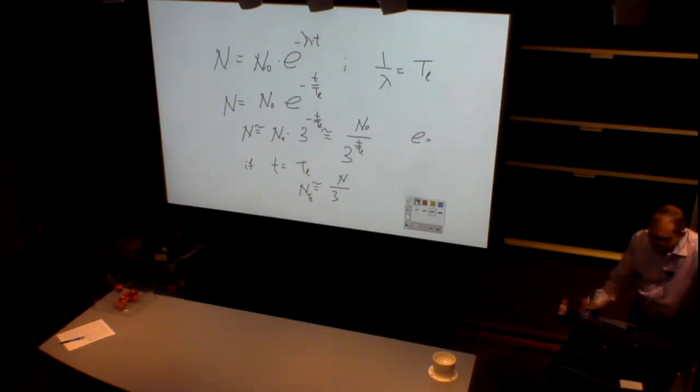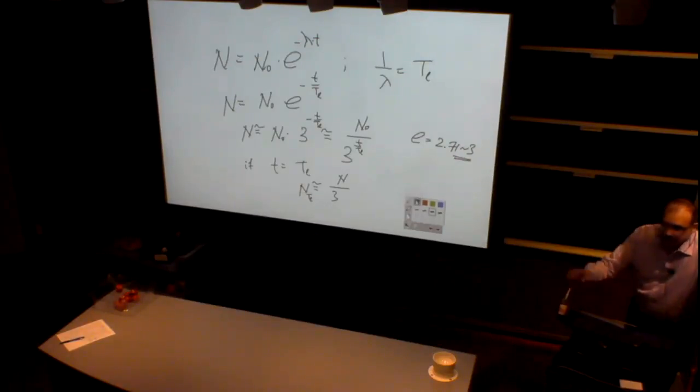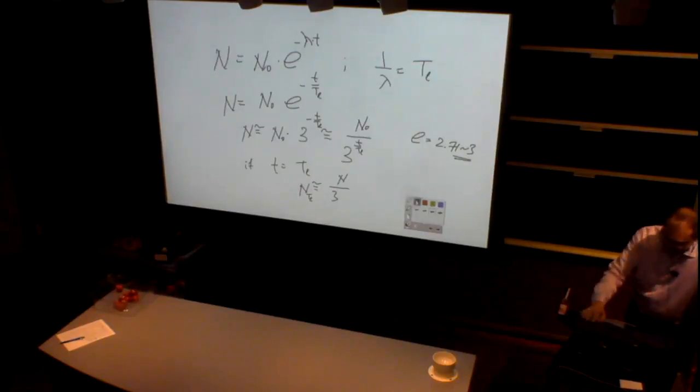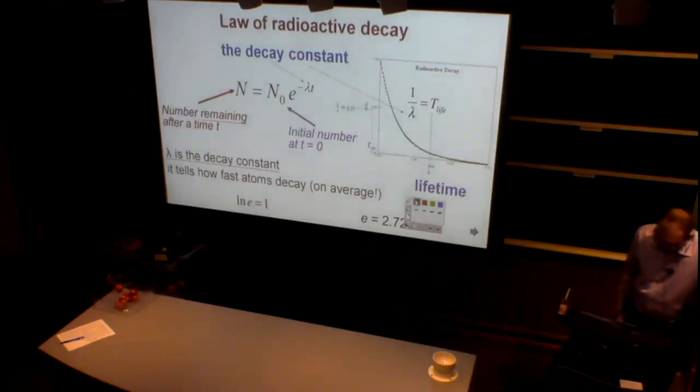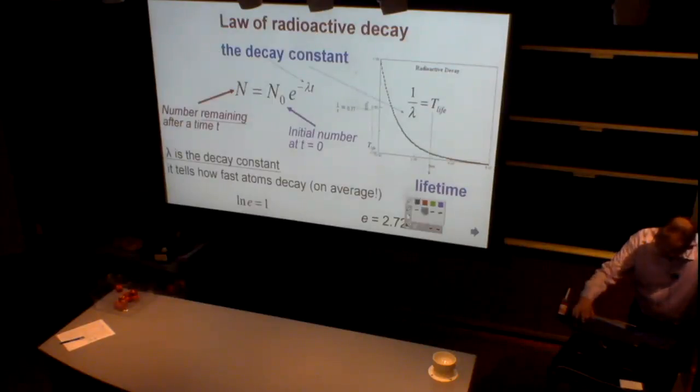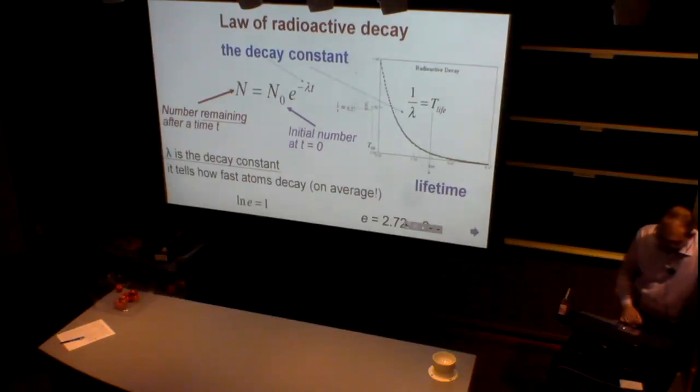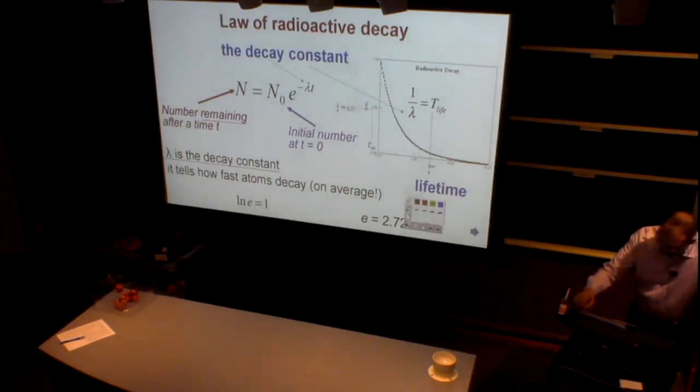We replaced e, 2.71, with 3. So every lifetime period, the number of radioactive elements decreases about 3 times from before. That's what it is. Basically, nothing else. So this is the equation, the meaning of lifetime.